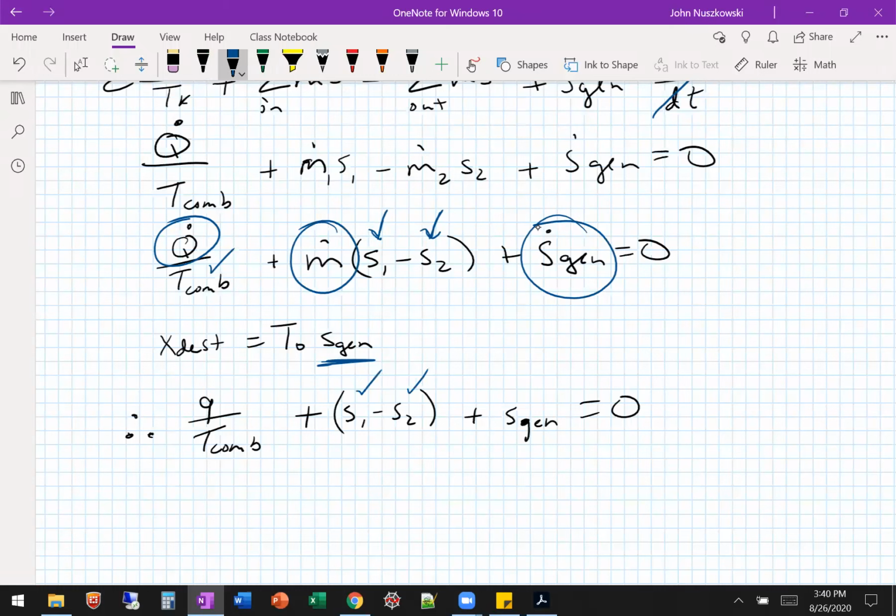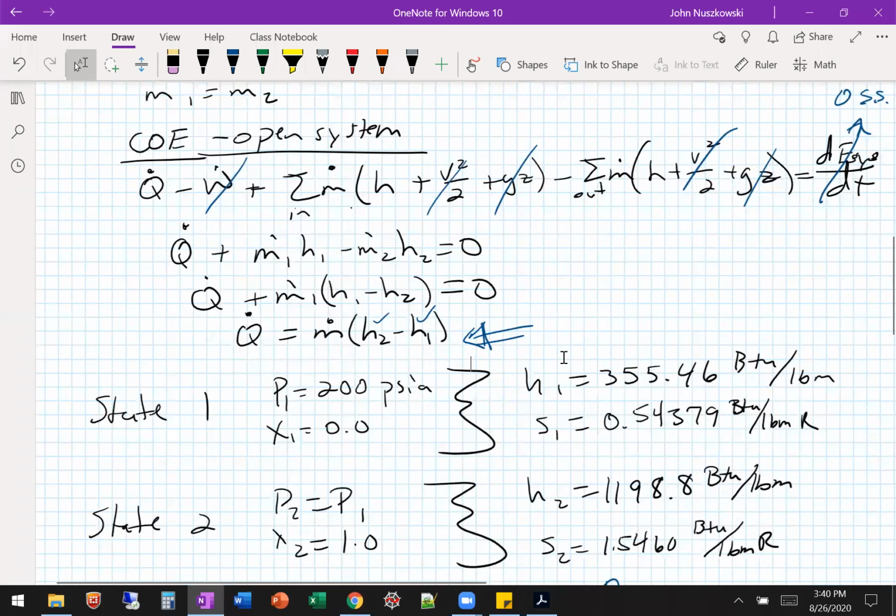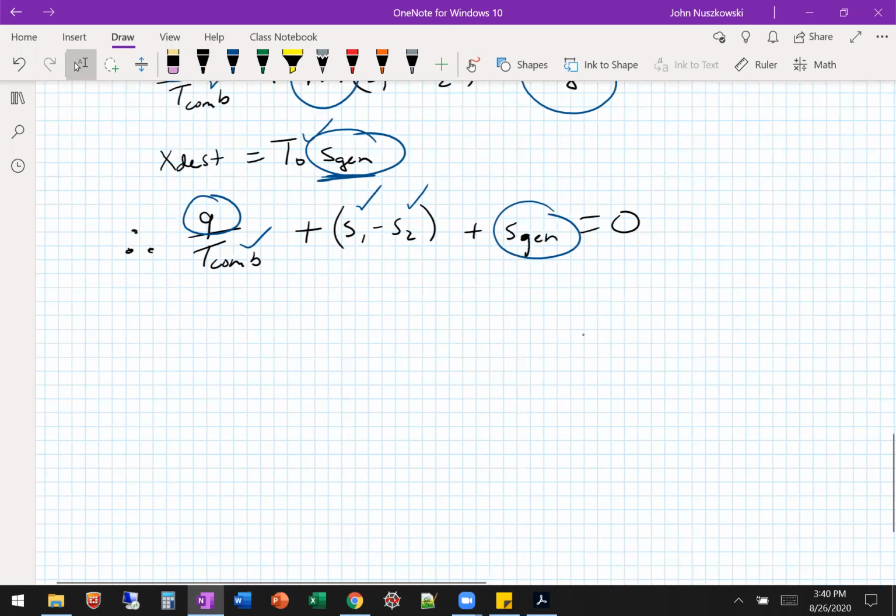Now I have S1, S2, we have T naught, so we need S gen, right? To solve this, we have T combustion, so we need our heat transfer per unit mass. We already started on that path earlier, right here. Can we get our lowercase q? Yeah, again, divide out by mass flow rate, okay?